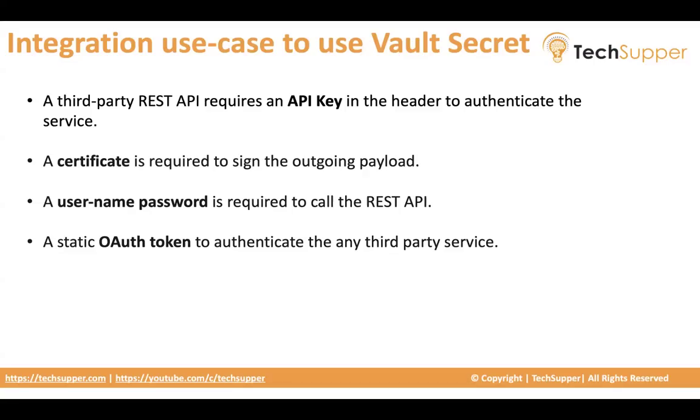So instead of saving that username and password in the lookup, you can take it from the vault. Or a static token to authenticate the third-party REST API. So these are the use cases where you can use the OCI Vault secret service.